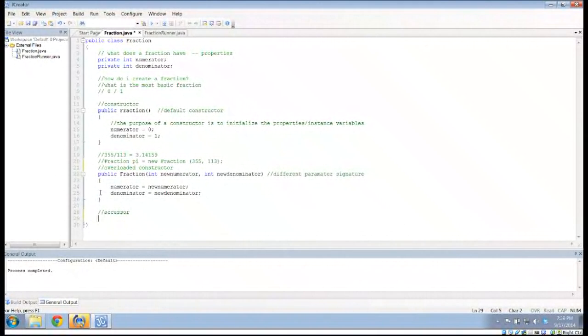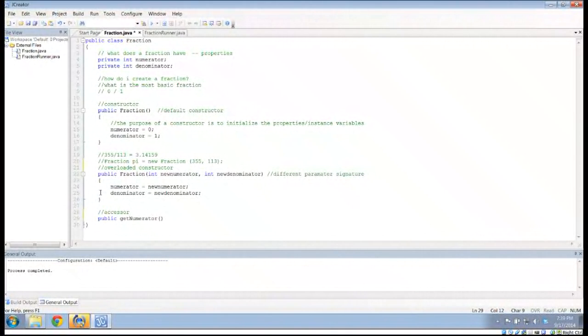And so I'm going to have a method called getNumerator. And I want this to be a public method because I want other people to be able to get my numerator, to look at it, to peer inside and understand the depth of my fraction nests.